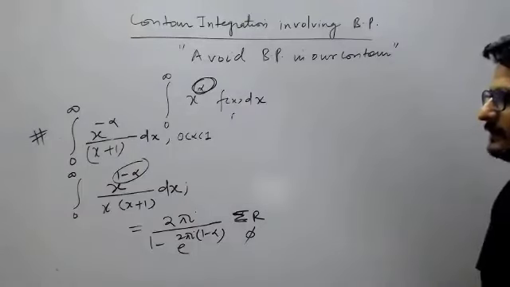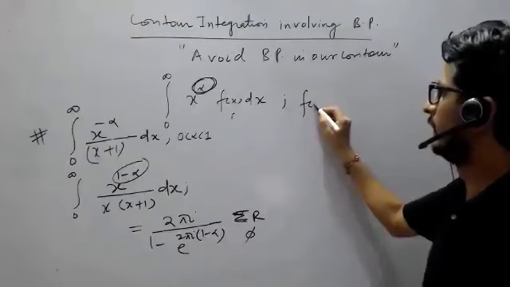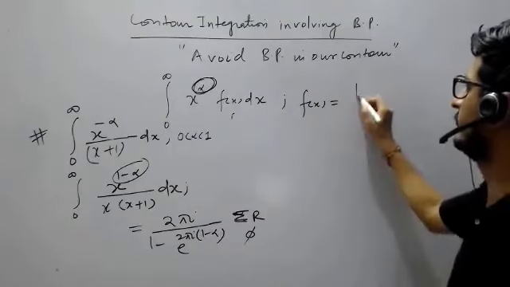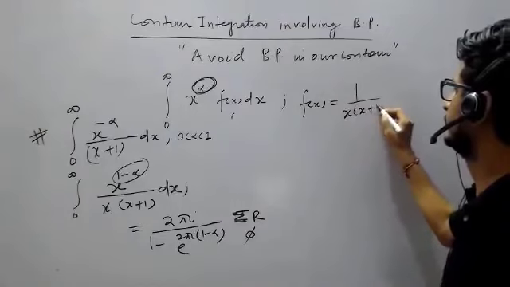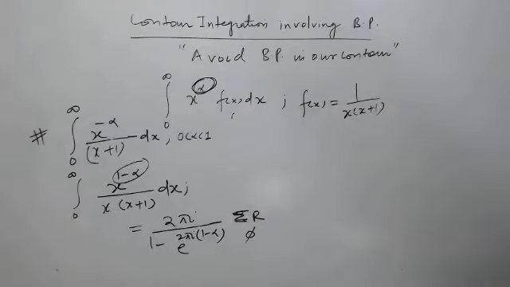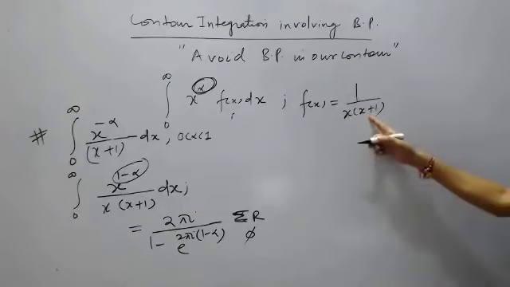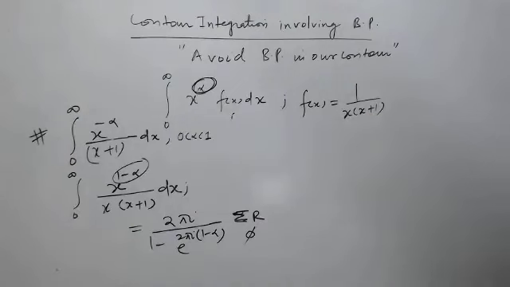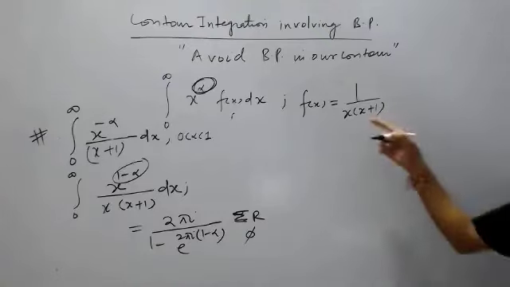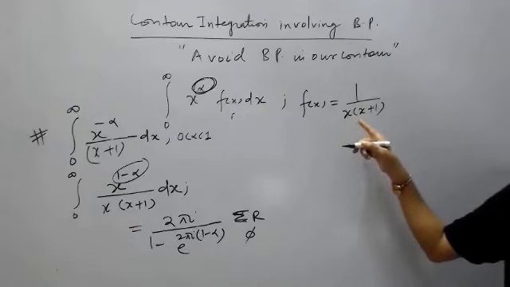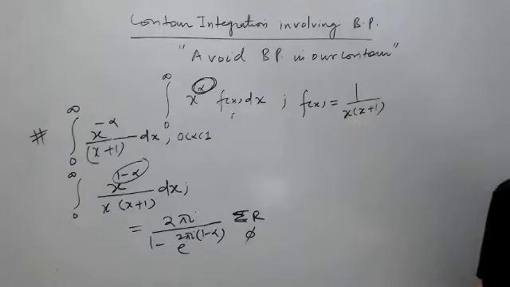So what is f(x)? f(x) for our question will be 1 upon x plus 1. But sir, p(x), which is quadratic, that should be greater than or equal to m plus 2. So it has power 2. But sir, the numerator's power should be more. Did I write it the other way around? Yes, the numerator has m and the denominator has n. Sir, the denominator should be higher, only then it will converge. So the denominator has power n, the numerator m. Okay sir.